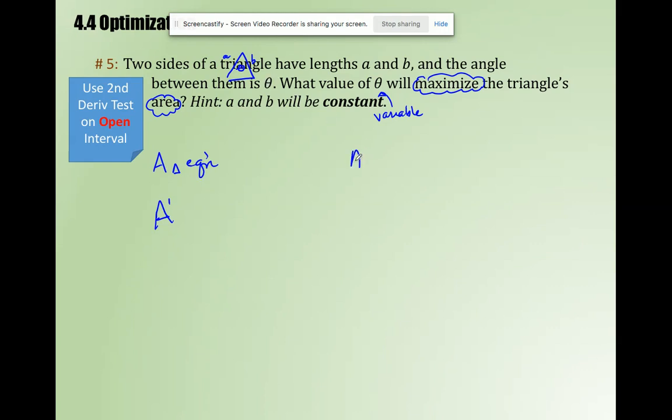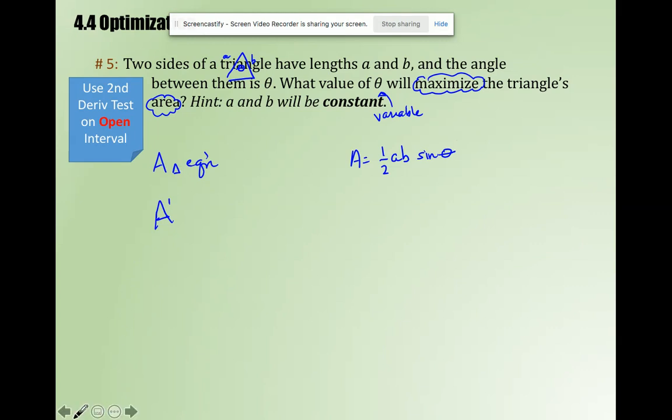You do need to know that the area of a non-right triangle is 1/2 times the product of its sides, times sine of the included angle. If you needed that formula on the AP test or our test, we would give that to you. I would never give you 1/2 base times height, but for a non-right triangle, I would give you this formula.